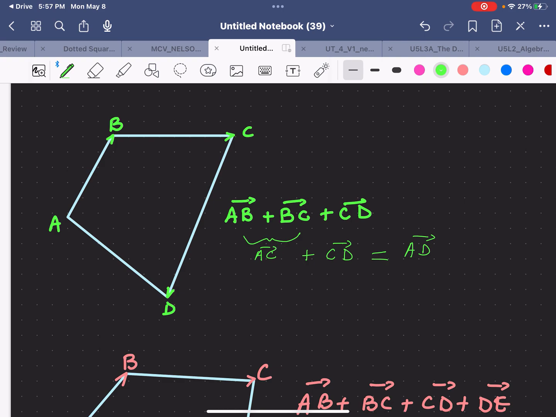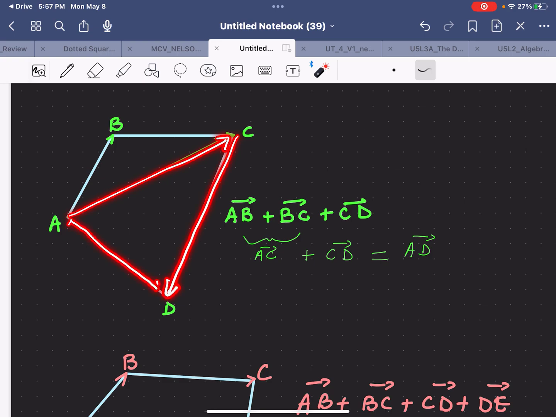Let's see if this works geometrically. We said this is vector AC. Let's draw it. And if we add vector AC to vector CD, this would be the sum of the two. It will start at A and end at D, so AD.